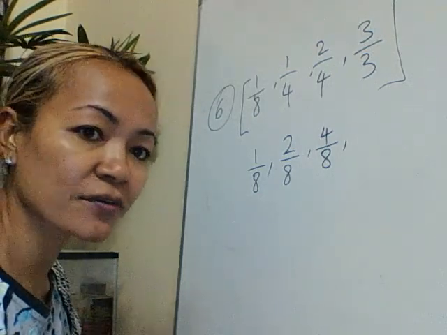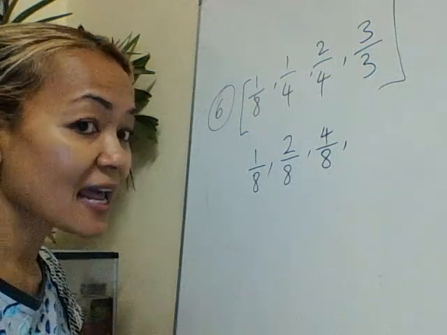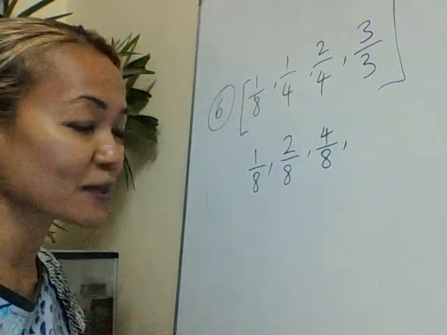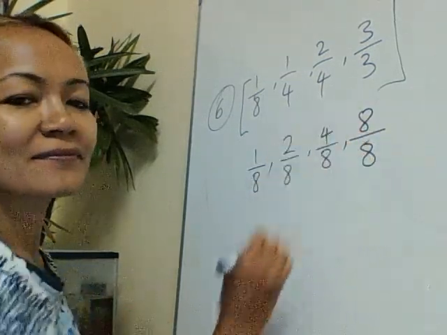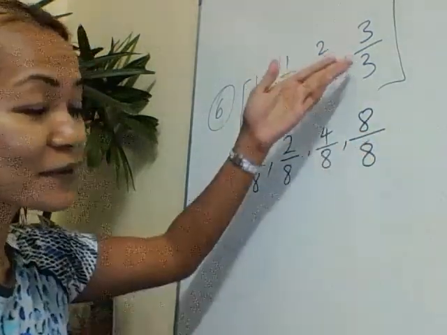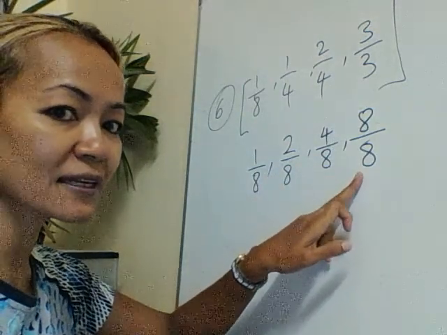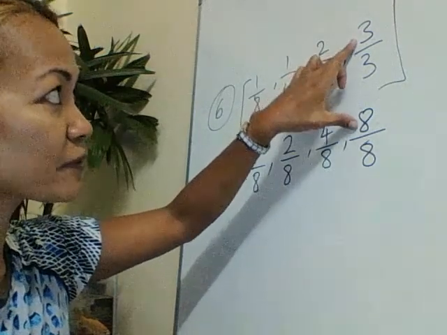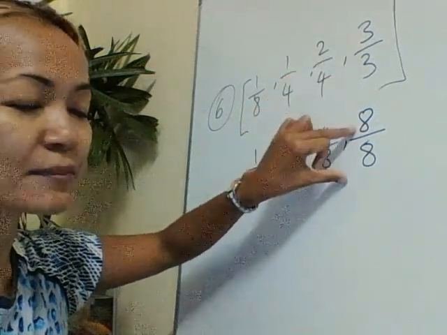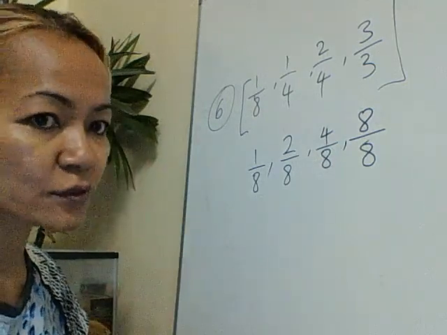If you have 100/100, that's 1. 3/3, that's 1. 8/8 is also 1. That was a very quick way to convert it to one with a number with a denominator of 8. That's exactly the same. These are equivalent fractions here. 3/3 is the same as 8/8. Any number over itself is equal to 1.